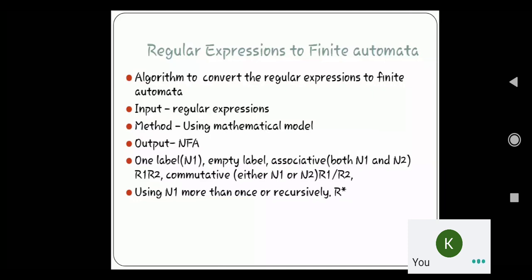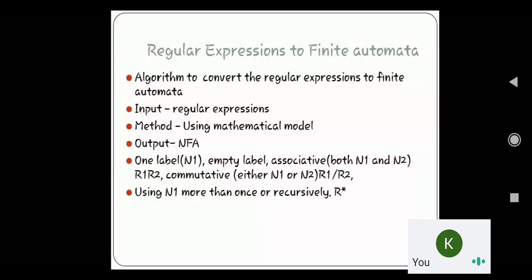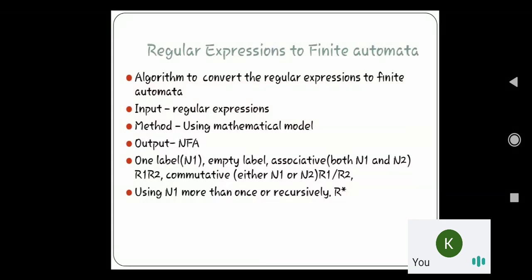So here you have two NFAs, NFA N1 and NFA N2. In NFA 1 you have an initial state and final state, and in NFA 2 you also have an initial state and final state.